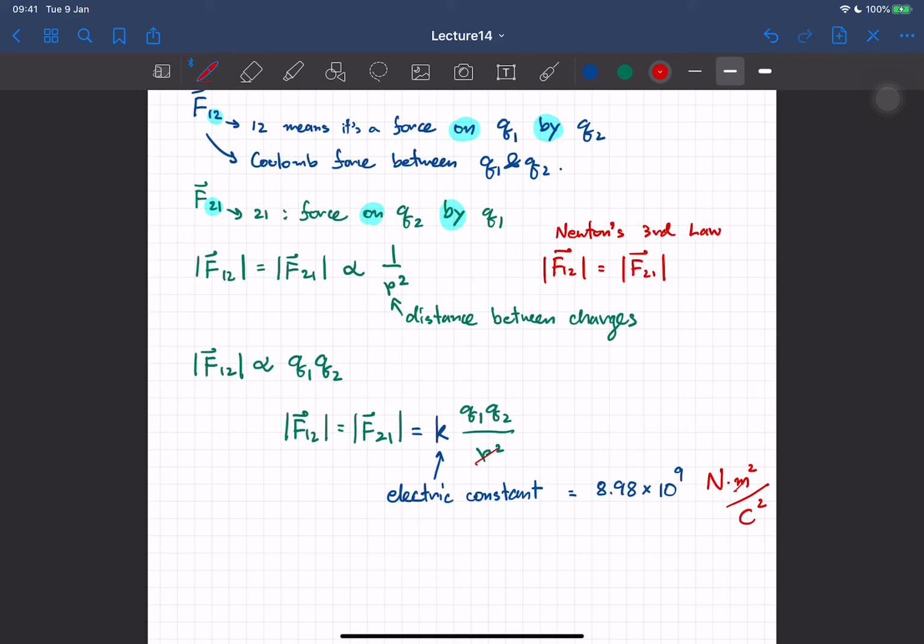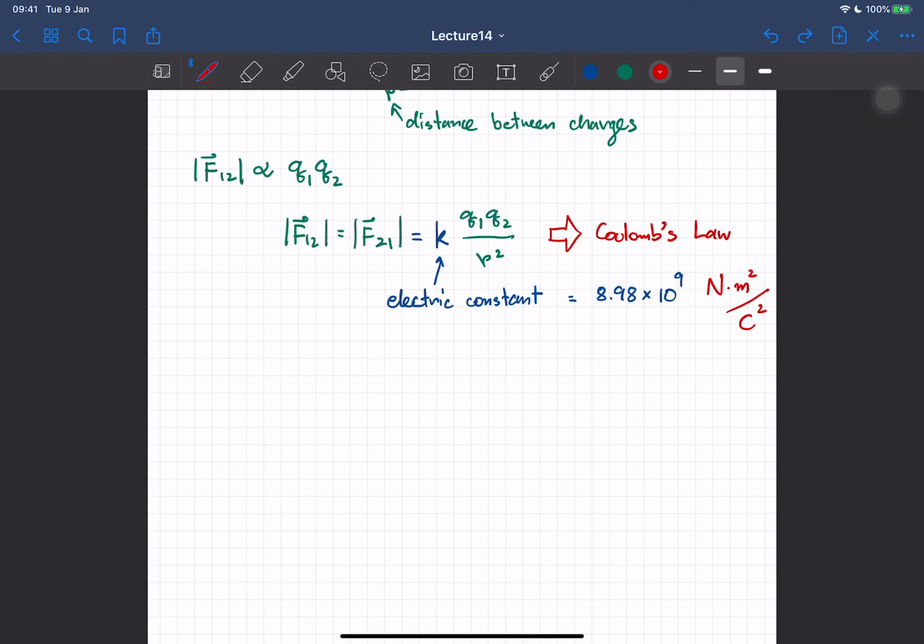Meter squared cancels with r squared. And then you're left with Newton, which is the unit of force. Okay, so this whole thing is called Coulomb's law, this equation here.